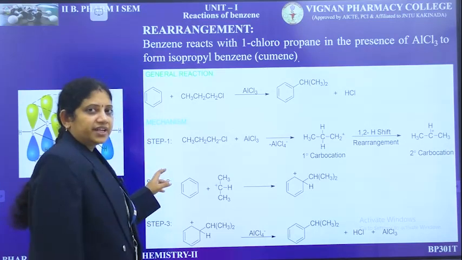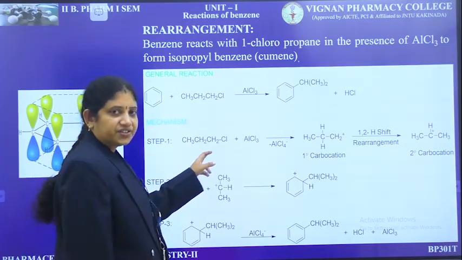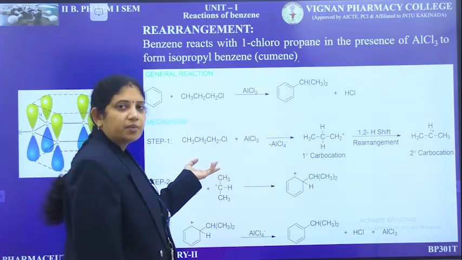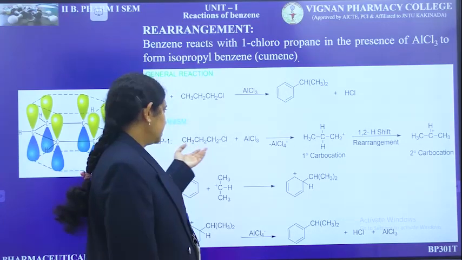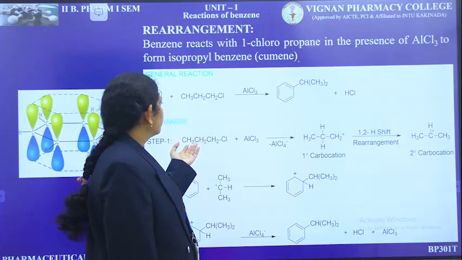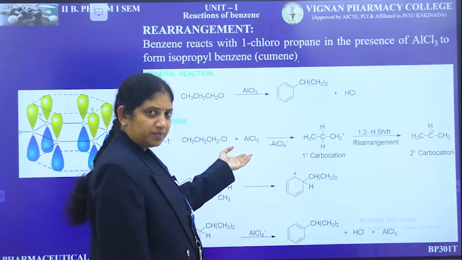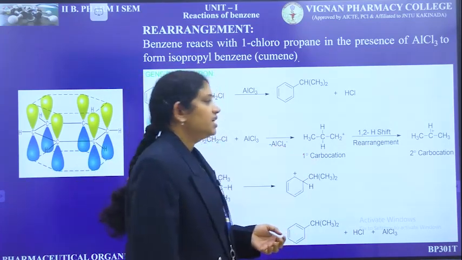So coming to the reaction mechanism, as usual there is a generation of the electrophile, which is formed by the interaction of the alkyl halide, 1-chloropropane, with aluminum chloride. That way it forms the primary carbocation.